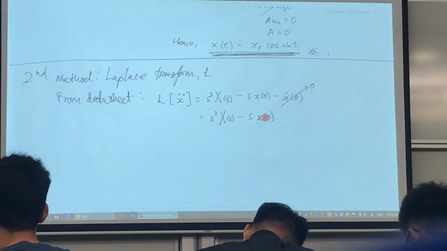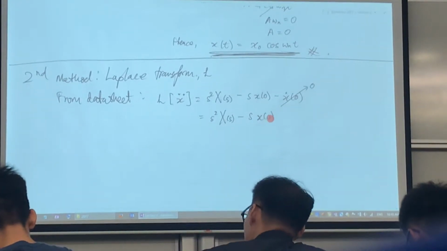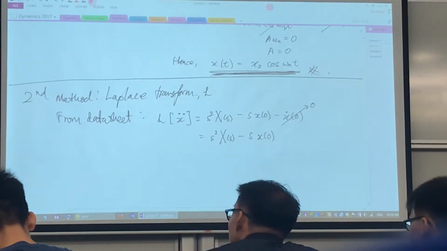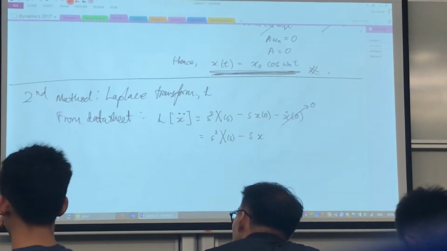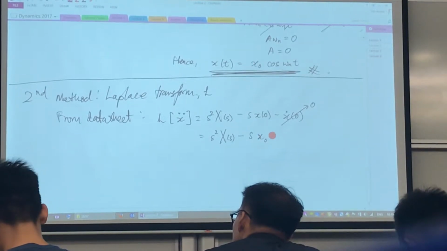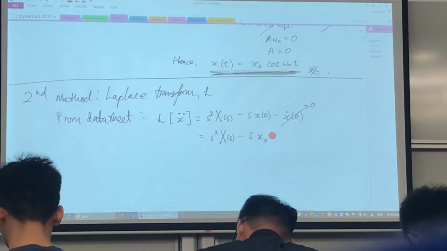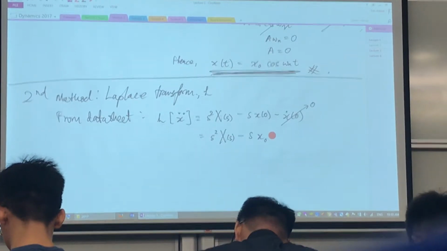Or, for the matter of fact, when x is at time 0, I like to start to use shorthand. The shorthand is x naught. That was from your initial conditions. When x at time 0, that's equal to x naught.